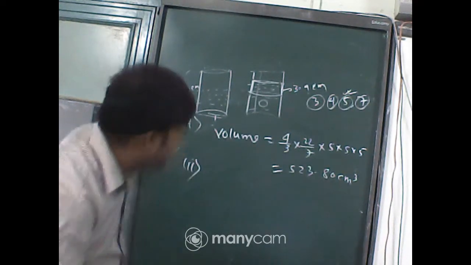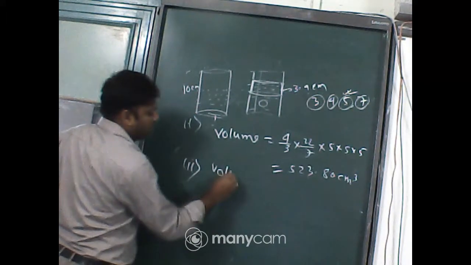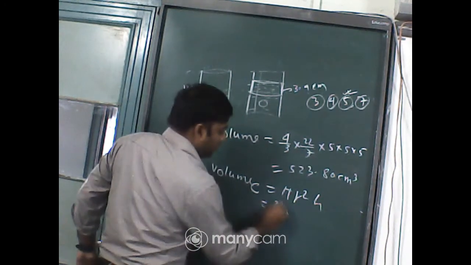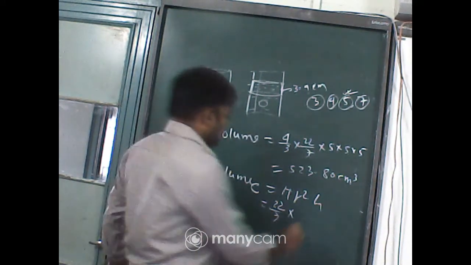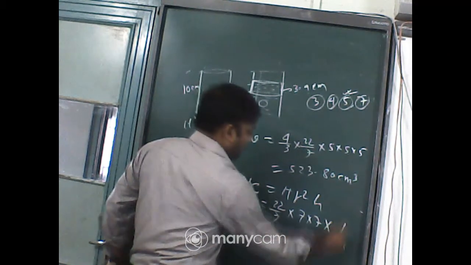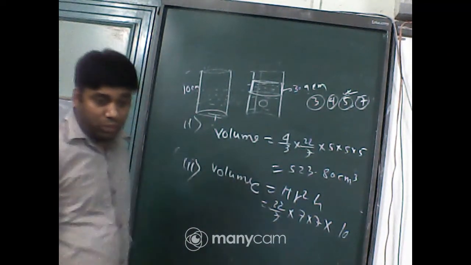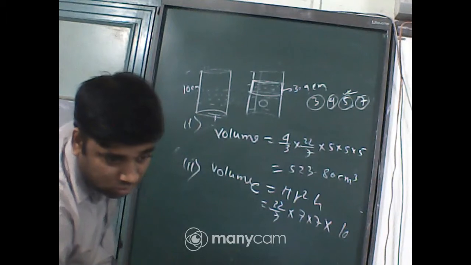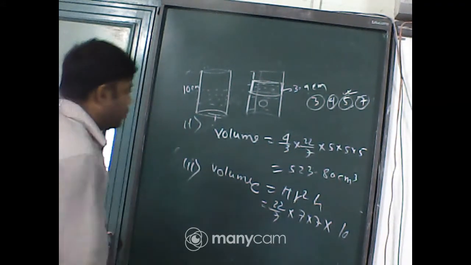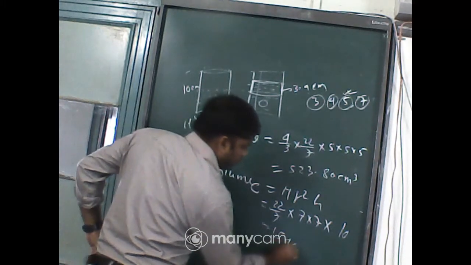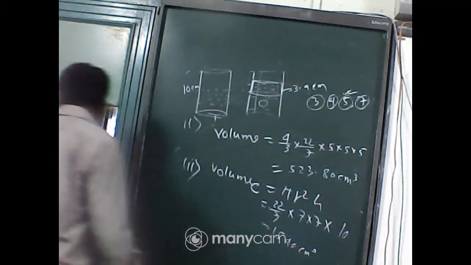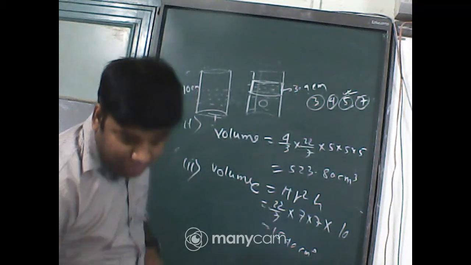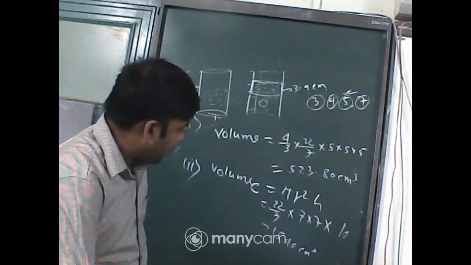It's very easy. That is volume of the cylinder, pi r square h, 22 by 7 into r, r means 7 into 7 and h means 10. So you will get 1540 centimeter cube. Okay. So this type of MCQs are very much important.